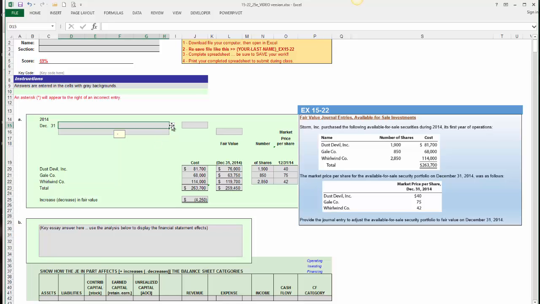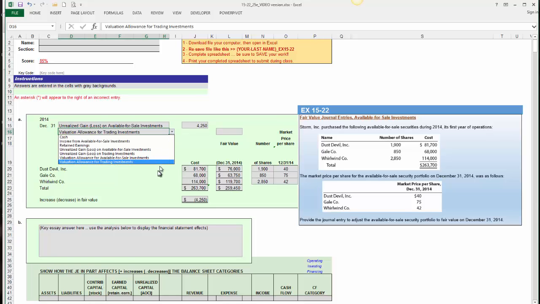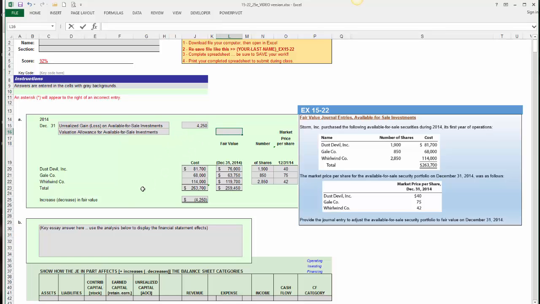To record a loss, we would show an unrealized loss from available for sale securities, $4,250. And we would report this as a valuation allowance from available for sale securities. This account would be credited to show that the fair value is less than the cost.